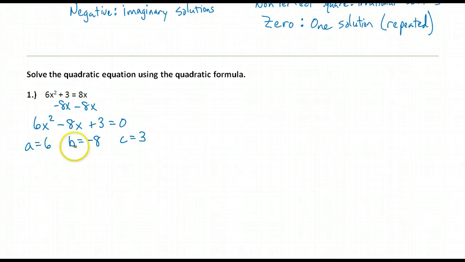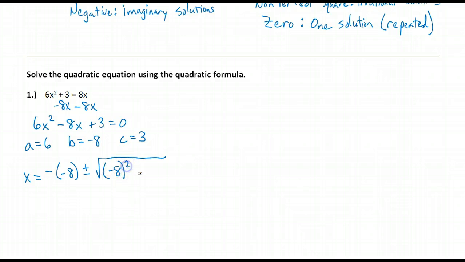And once I've identified a, b, and c, in order to solve for x, I'm going to plug those numbers into the quadratic formula. Negative b plus or minus the square root of b squared minus 4 times a times c all over 2 times a.